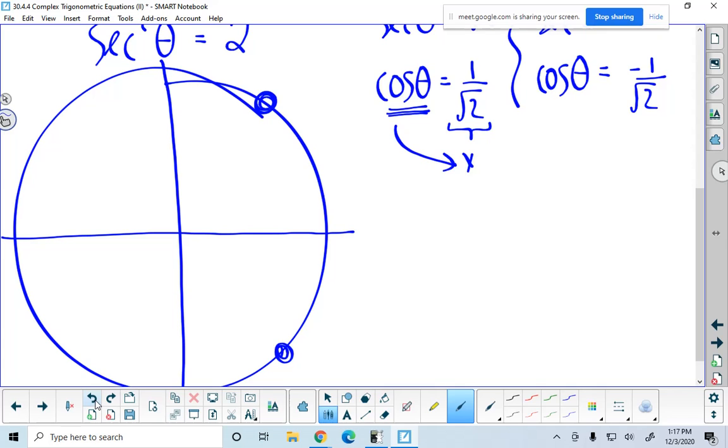These are the 1 over root 2 comma 1 over root 2 points. You should recognize that negative 1 over root 2 for x happens in the other two quadrants.